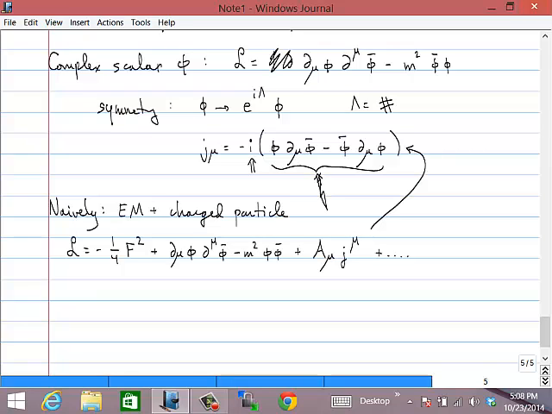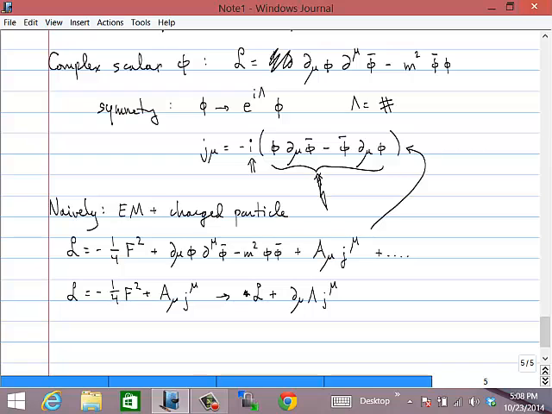In particular, remember that if you have a Lagrangian that looks like this, then under a gauge transformation, F is invariant, and A picks up a d mu lambda term.